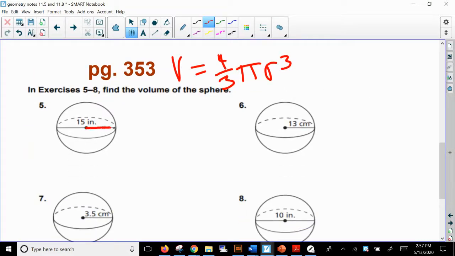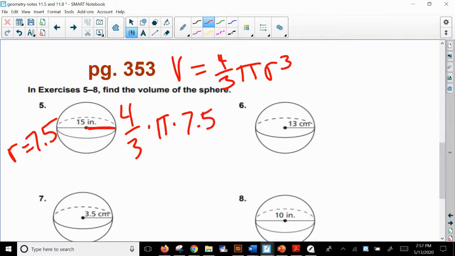Remember, the radius is only halfway. Here they gave us the diameter, which is 15. That means the radius is half of 15, so the radius is 7.5. So for this one, I'm going to do 4/3 times pi times 7.5 to the third power. Throw it all in the calculator.